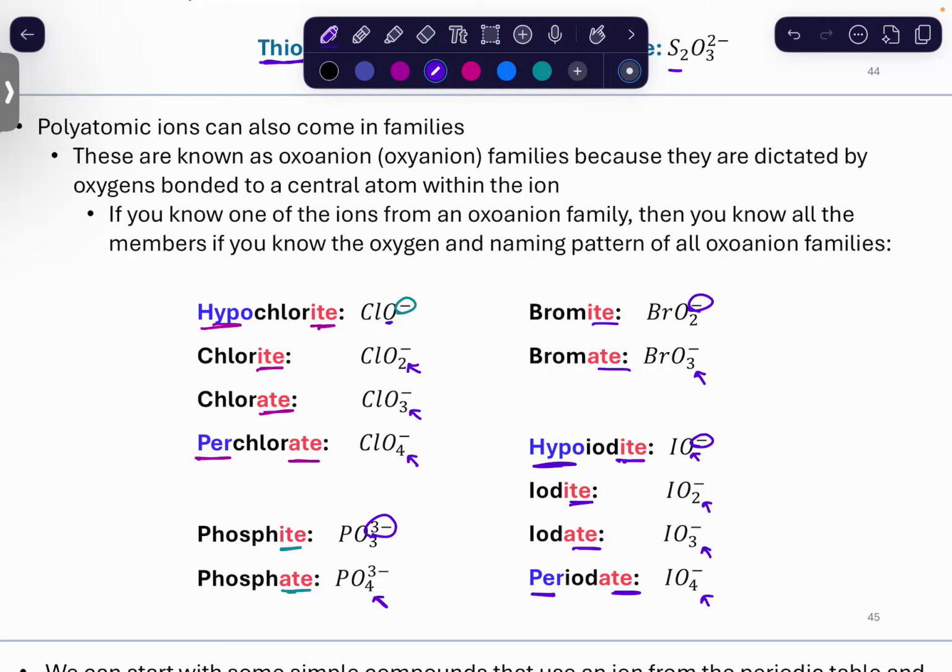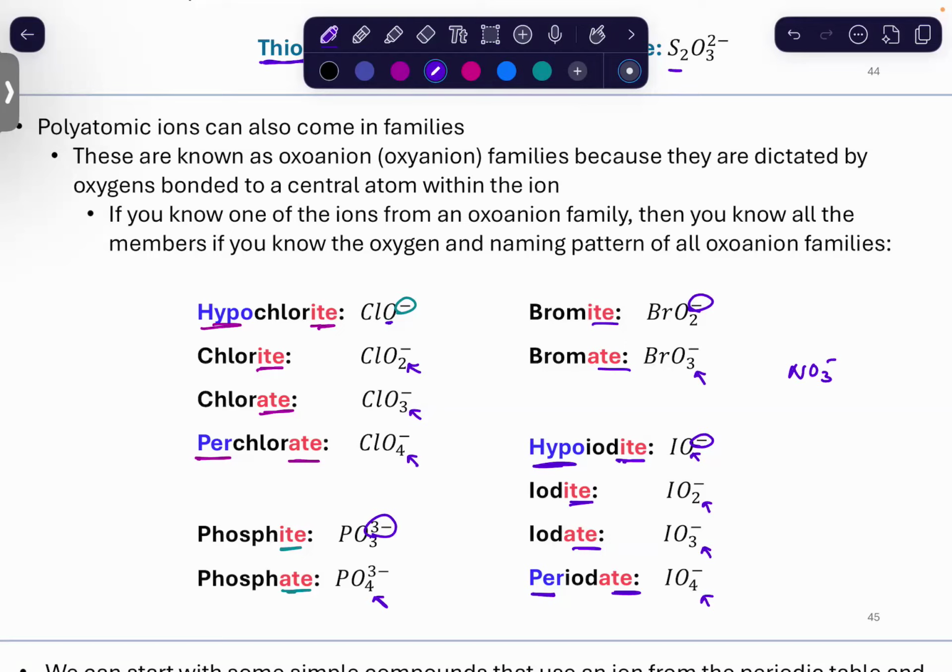So sometimes knowing the oxoanion family structure can help you figure out other ions if you just happen to remember one of the ions, like chromate or chlorate or nitrate. So it's like, oh, I have nitrate. Great, but I need a compound that uses nitrite. I didn't memorize nitrite.